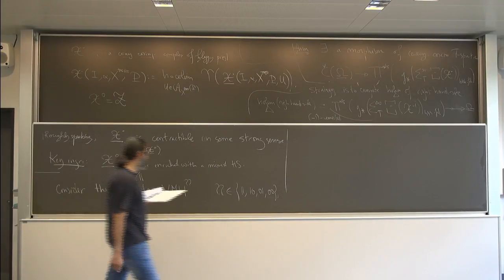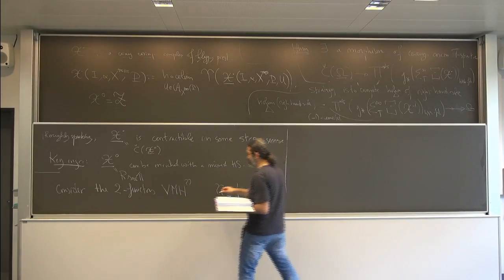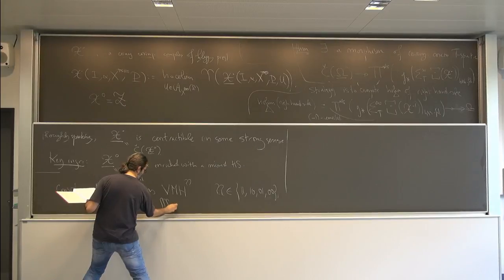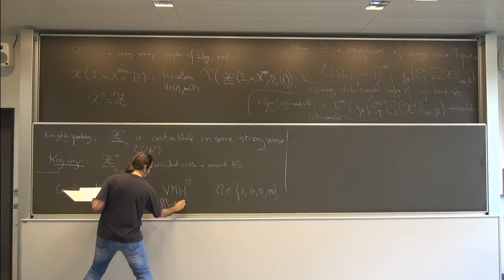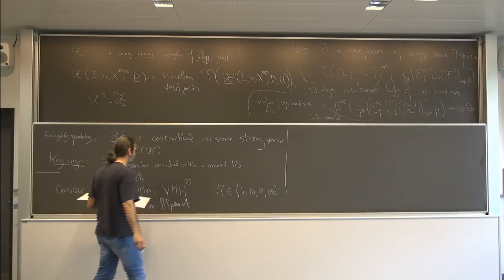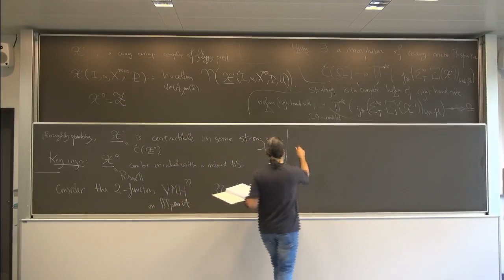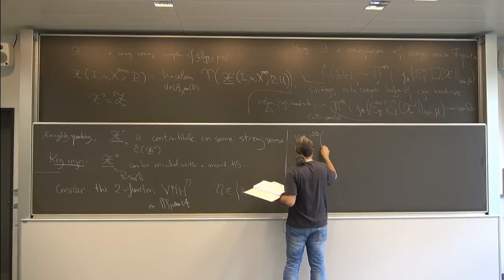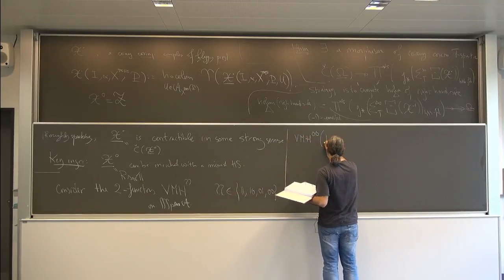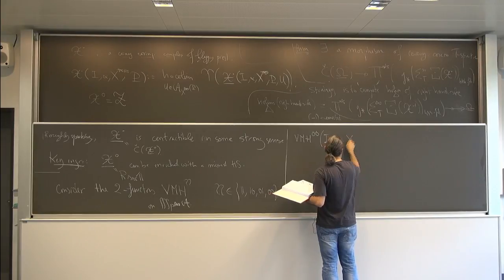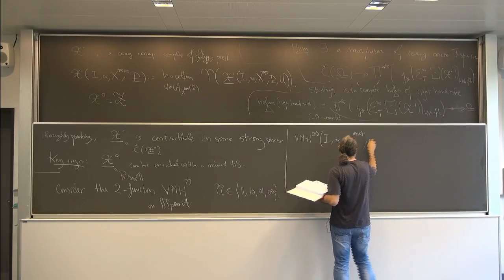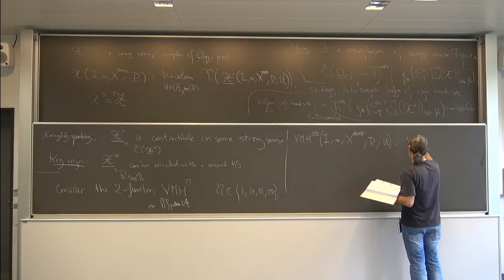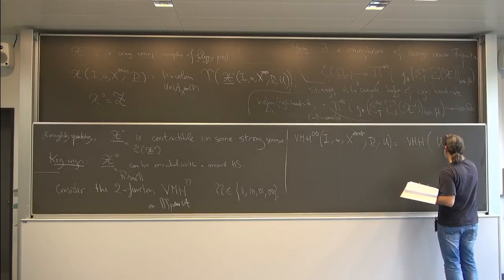So, for instance, these are two functors on this gadget. So VMH 0 0 applied to a 5-tuple. What is this? This is simply VMH of U0.